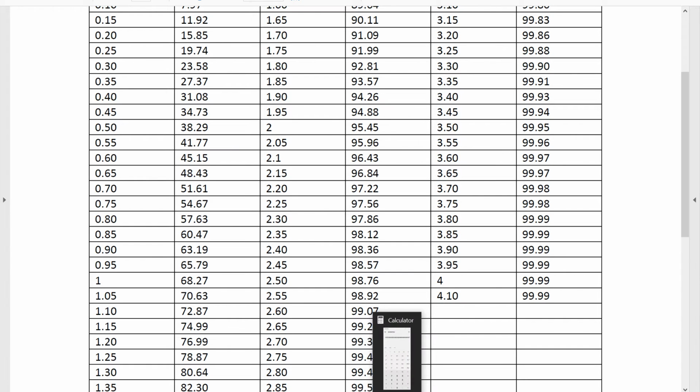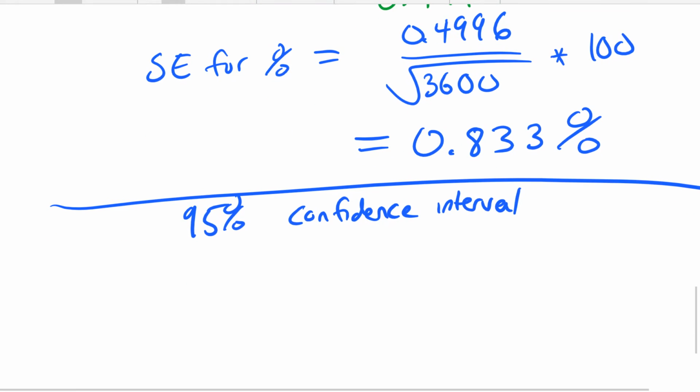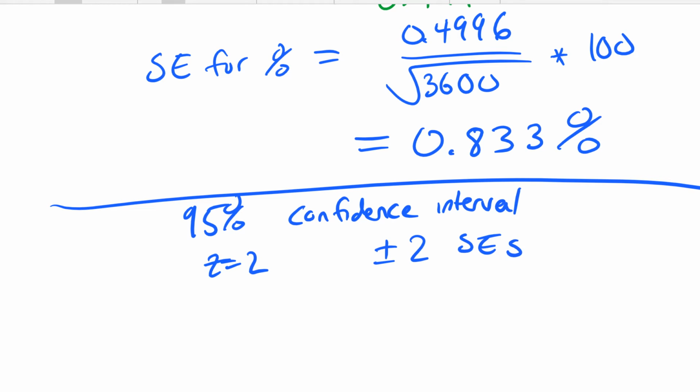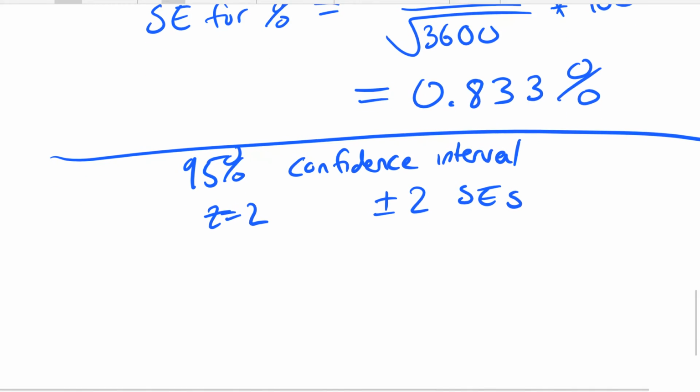Since it's associated with z equals 2, that means we want to go plus or minus 2 standard errors from our expected value. So plus or minus 2 standard errors from 52%.